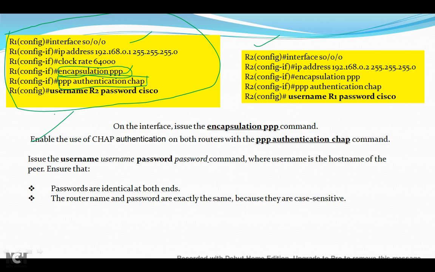We will see both of them. And the second thing, we have to assign a username and password like this. We do not need to assign this, but yes, we will provide this also. The password should be identical on both sides. The router name and password must be exactly the same because they are case sensitive. So we have to take care of this one.